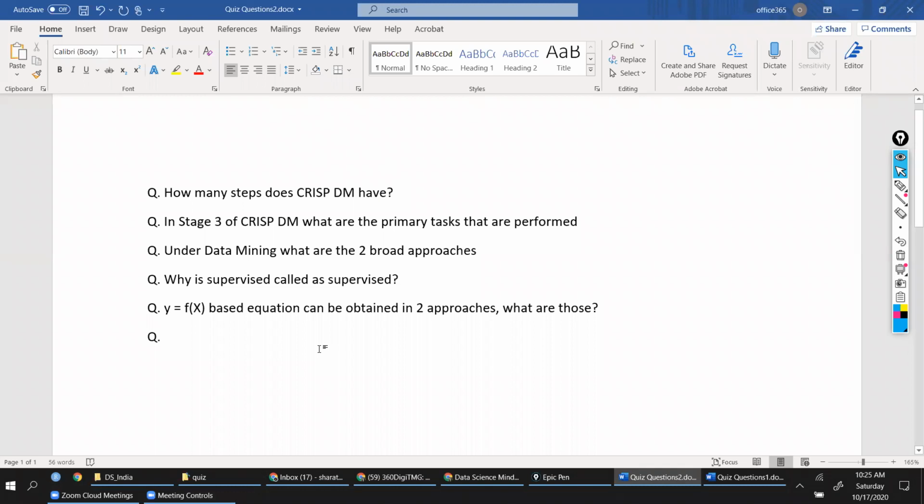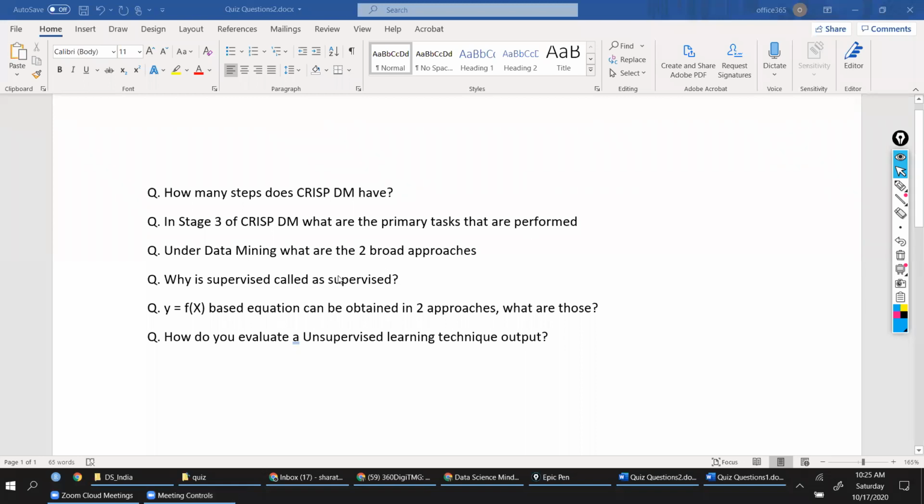Next question. How do you evaluate an unsupervised learning technique output?